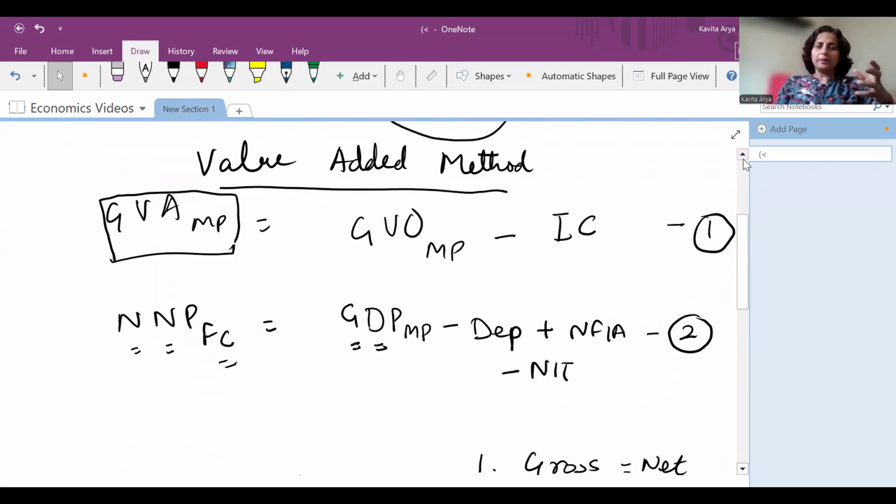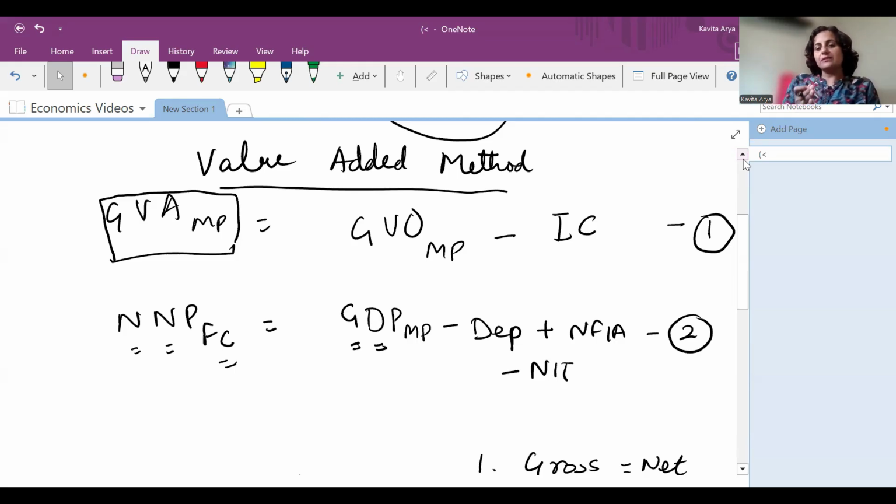For example, a person sells lemonade for say 20 rupees per glass. So 20 rupees is the worth of the output, but what is the value addition done by the person who is selling the lemonade? For making that glass of lemonade, he would have procured the sugar from the market, he would have procured the lemon from the market, maybe a pinch of salt from the market. So whatever the ingredients are, that is IC, and that would be subtracted.